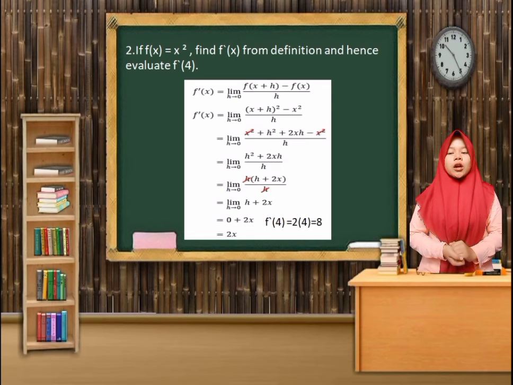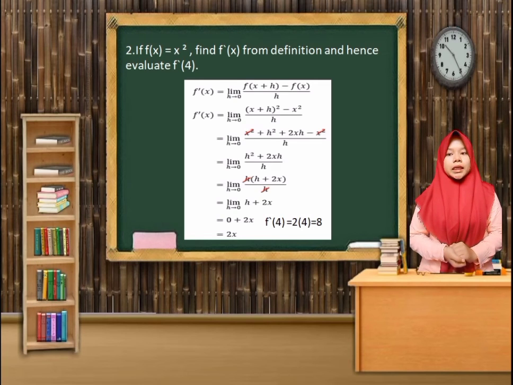Then, factor by removing h: the limit of h times (h plus 2x), all over h. h over h equals 1.